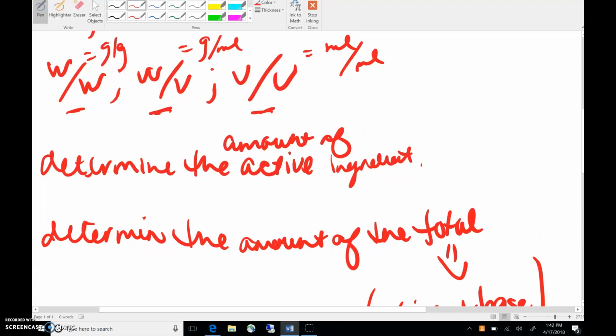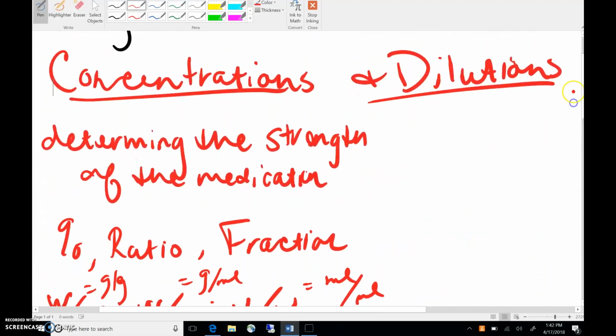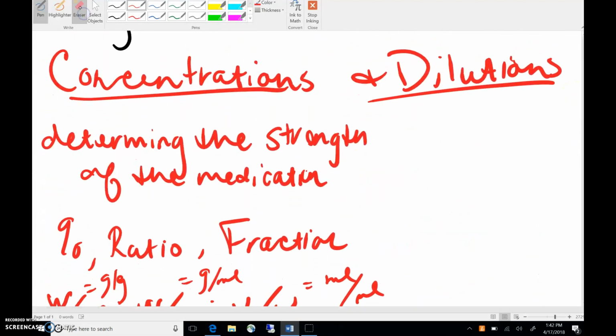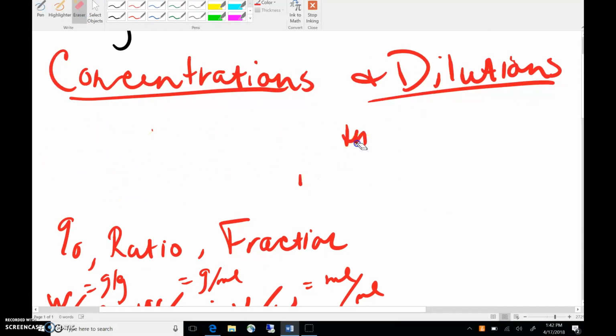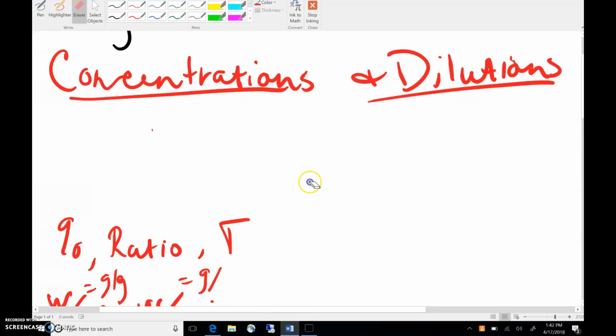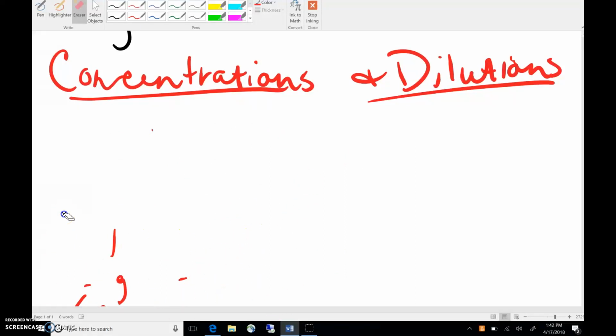Now, we also talked about dilutions. I'm going to erase this so it gives me room to write some information when it comes to dilutions.